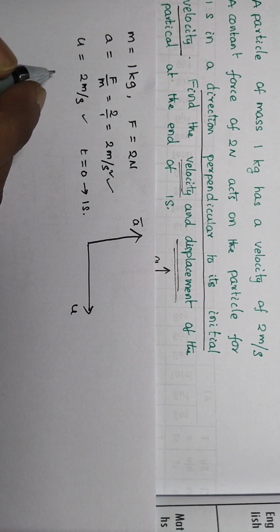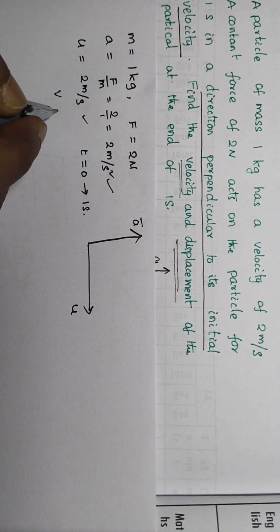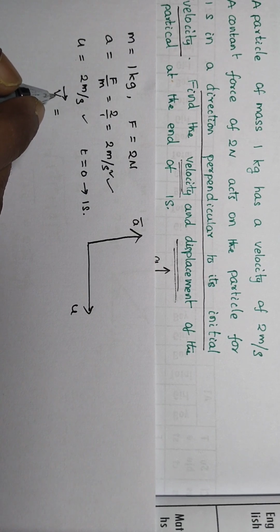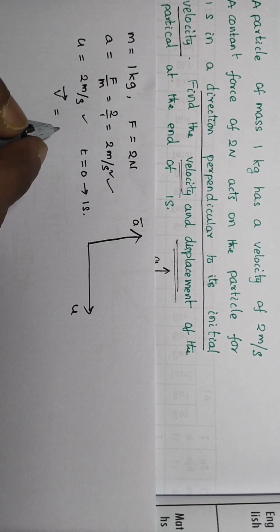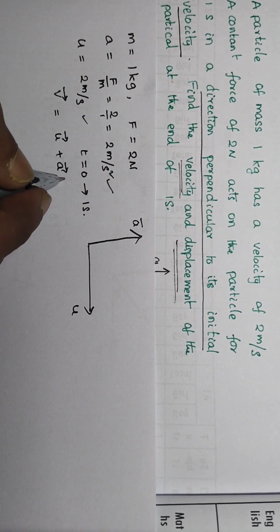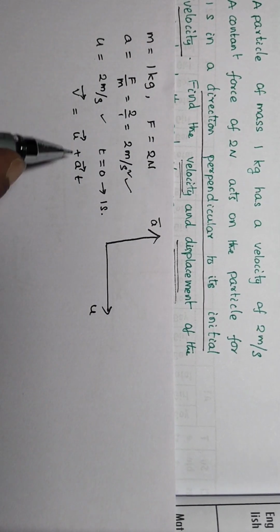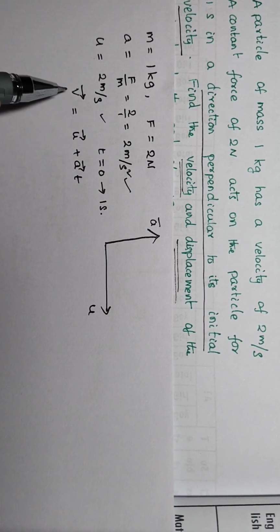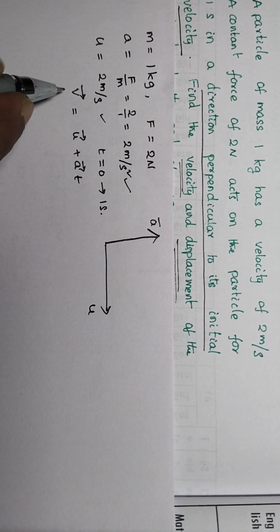Velocity is asked. So final velocity v bar is equal to u bar plus a bar t. Why are we using this? Since this is a motion in a plane, we are using the vector form.